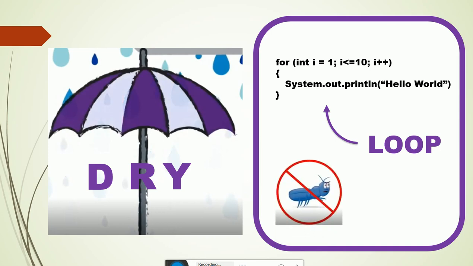Now it's easier to debug, and it saves your time also. These are the big advantages. Now, what does a loop look like in a program?